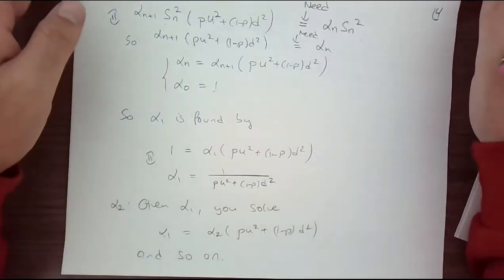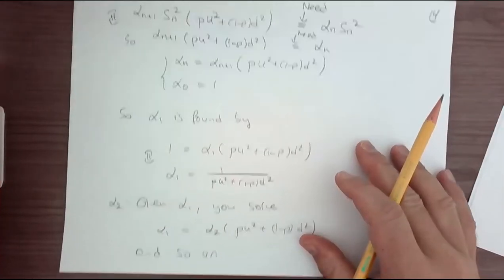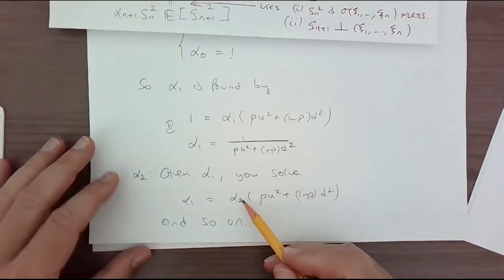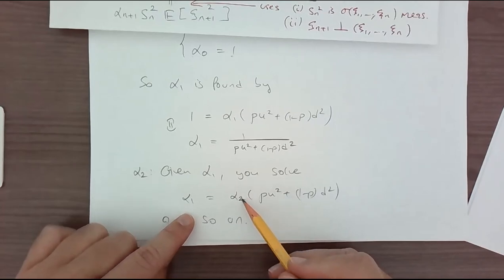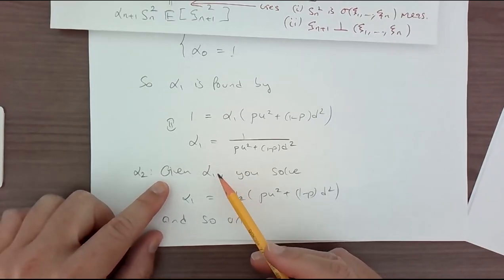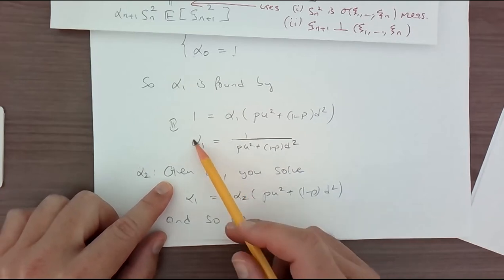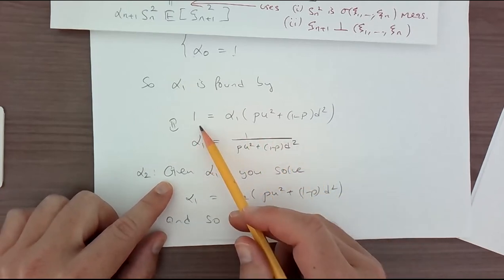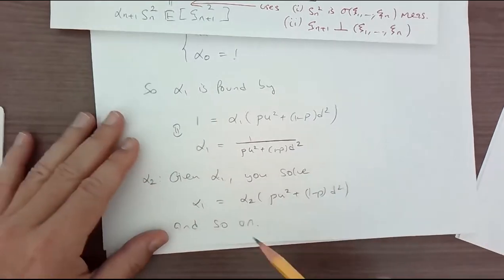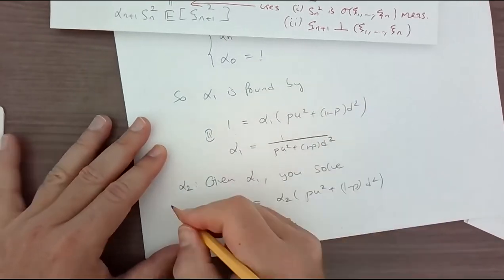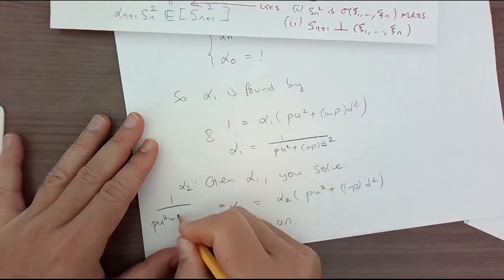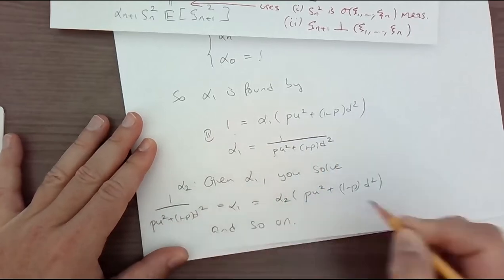Are there other questions or comments on this calculation here? Professor, is that supposed to be alpha 2 equals the alpha 1, or is it if you're given the alpha 1? So you're given alpha 1 now because we've solved this one. So now you want to solve this one. So you have alpha 1. If you plug in what alpha 1 is, it is 1 divided by pu squared plus 1 minus p d squared.